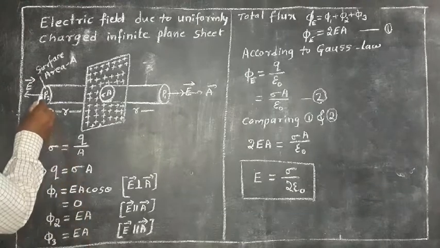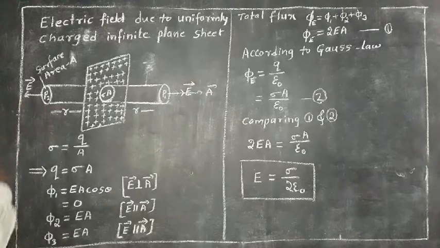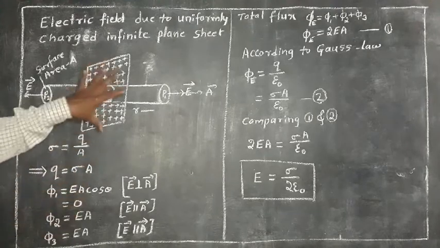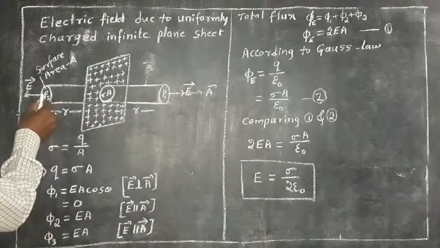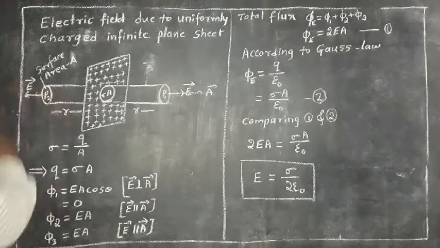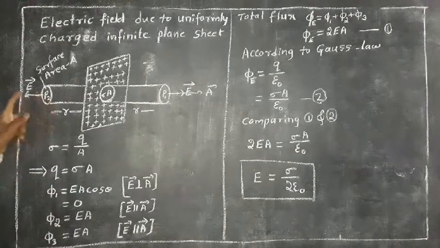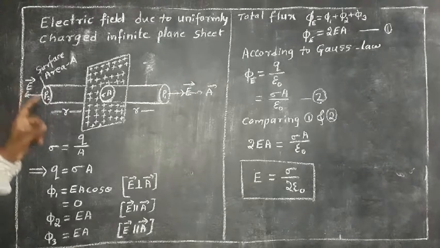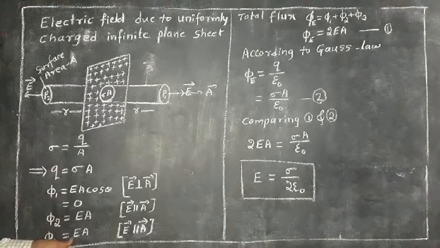Here the electric field is directed away from the charge because charge is positive, and the area vector is also the outward normal to the surface. Hence, the angle between area vector and field vector is 0, and phi 3 is E into A.